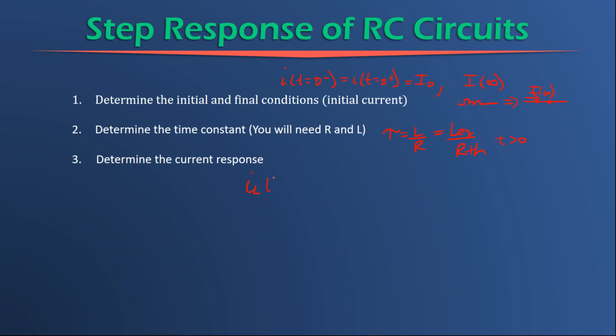So the current response as a function of time is going to give you I infinity plus I0 minus I infinity, e to the negative t over tau amps. And this is obviously when t is greater than 0. So determine your initial conditions, determine your time constant, and then you plug it into the current expression to get the current value when t is greater than 0.